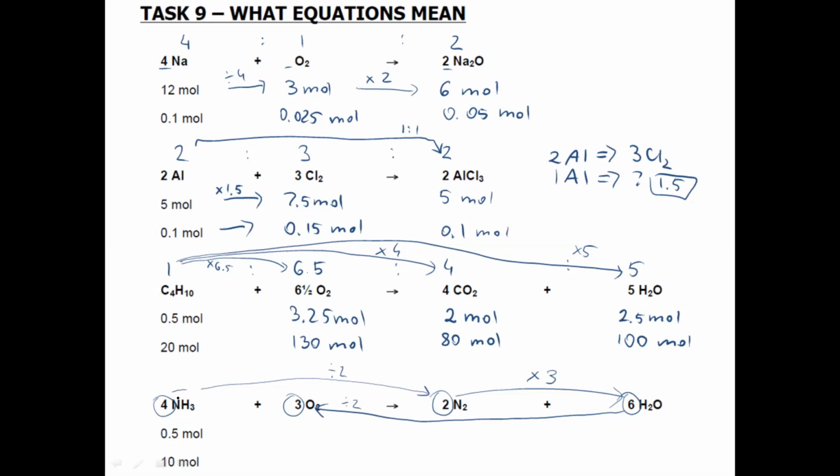So let's go in order. 4 to 2, you divide by 2. So 0.5 divided by 2 is 0.25. 10 divided by 2 is 5. Okay. Then from here to here, you times it by 3. 0.25 times 3, 0.75. And 5 times 3 is 15.